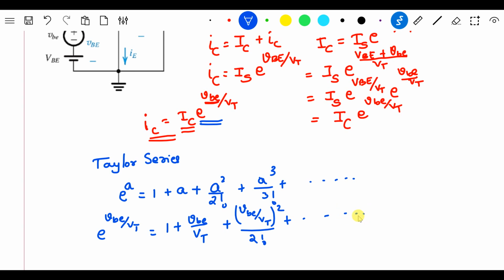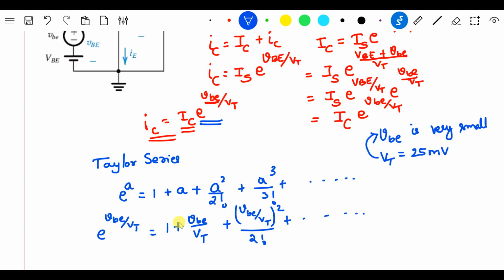And I told you that small vb is very small because it is a small signal operation. VT in the denominator is equal to 25 millivolts, which is very high compared to vb.